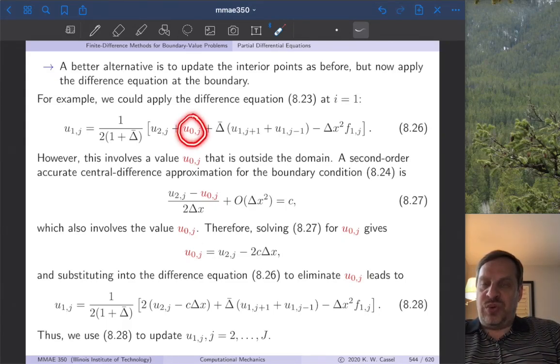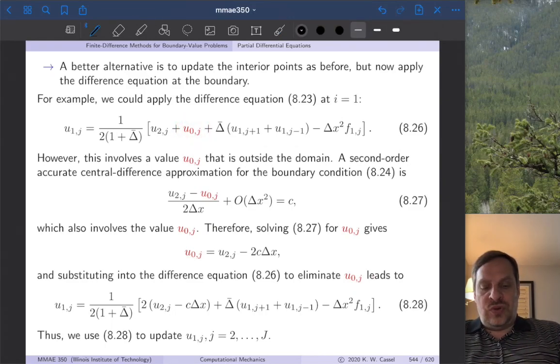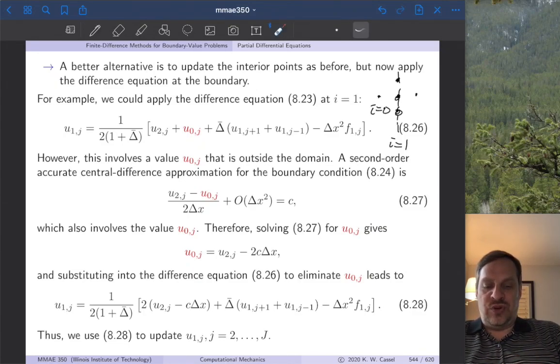So this point is outside the domain. If you do your 5-point stencil, the domain boundary is now actually along this line. So this is i is equal to 1 here, and this point is i is equal to 0, which is outside the domain.